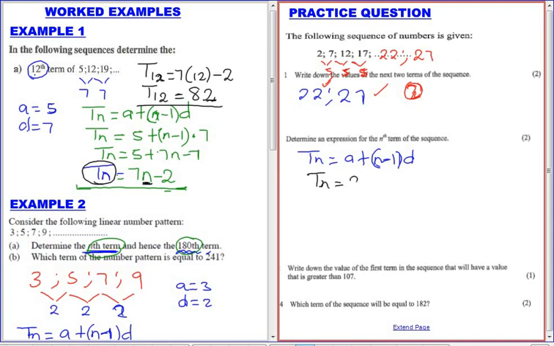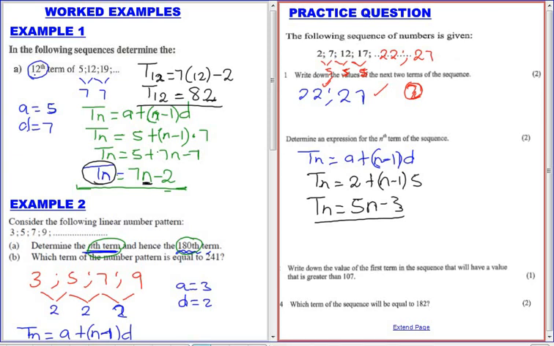Your A in this situation is 2, which is the first term, and your common difference in this situation was actually just 5. So your Tn should be very simple to find from where we are. So it's 2 plus 5n minus 5. So I'm going to write it as 5n minus 3. Okay? So that is our general term in this situation. So, perfect. For 2 marks, I think you won't complain.